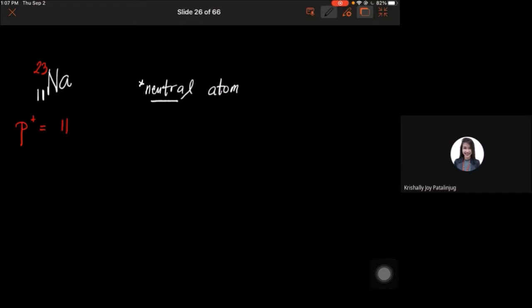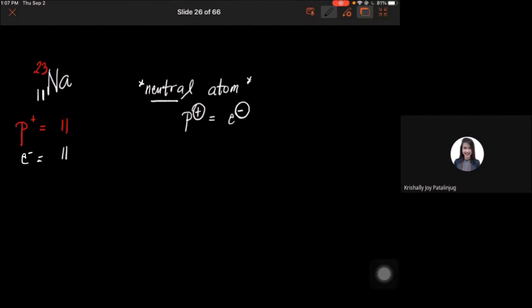So dito, neutral lang yung atom. If that is the case, then take note, proton is just equivalent to the number of electron. Proton is positively charged, electron is negatively charged. So pag tinanong ilan yung electron number dito ng sodium, it is also 11.